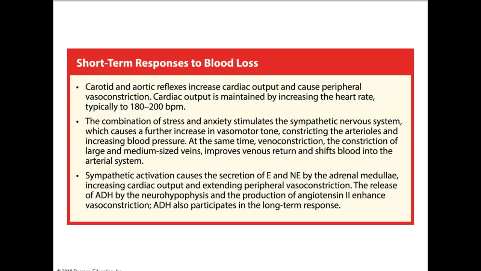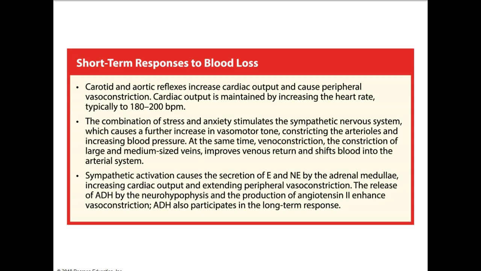They cause peripheral vasoconstriction. Cardiac output is maintained by increasing your heart rate. A combination of stress and anxiety stimulates the sympathetic nervous system that causes an increase in the vasomotor tone, constricting the arterioles and increasing blood pressure. At the same time, your venoconstriction, constriction of large and medium-sized veins, improves venous return that shifts the blood into the arterial system.